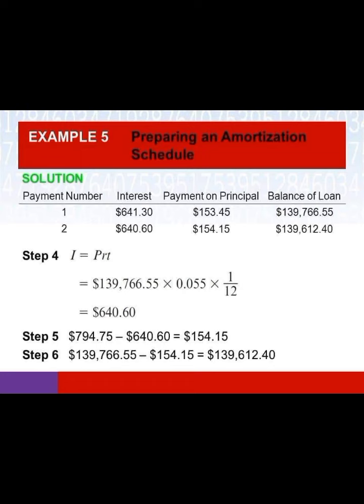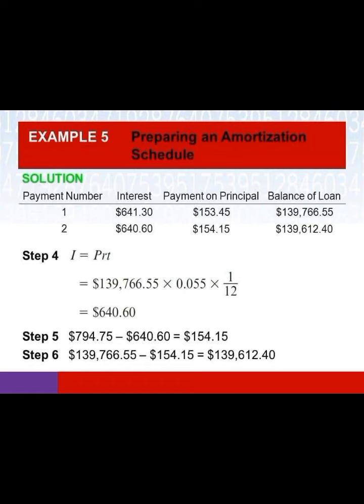So step 4, I equals PRT. I equals $139,766.55 times 0.055 times 1/12. The answer is $640.60. It is the interest. So step 5, $794.75 minus $640.60 equals $154.15.